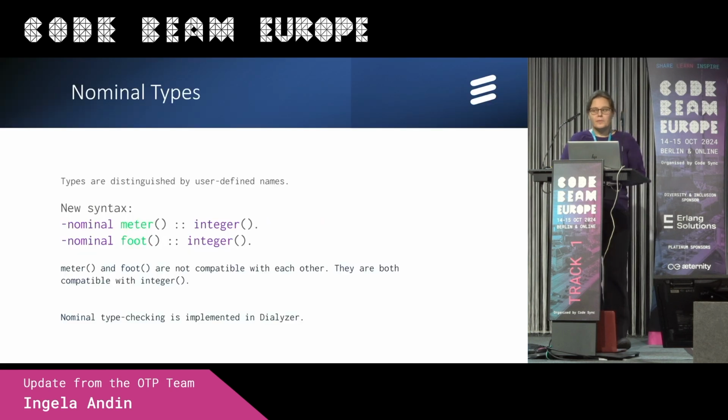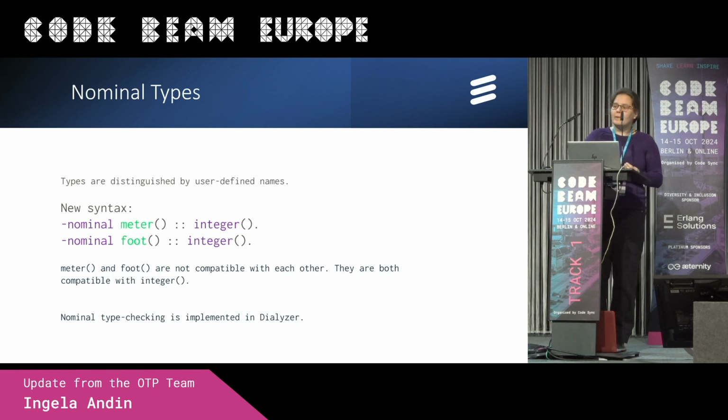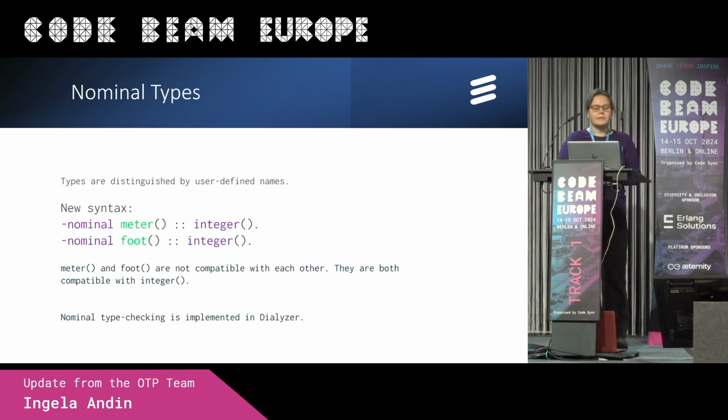So for OTP 28, we are planning to have something called nominal types. And nominal types are types that are distinguished by the user. So for instance, we could do this example where we have meter and foot that are different types, but they are both defined as integers.